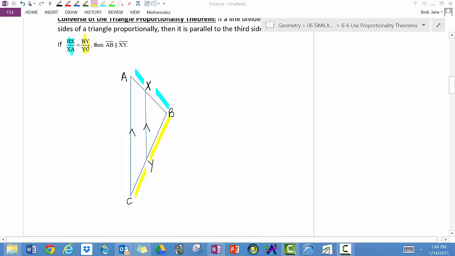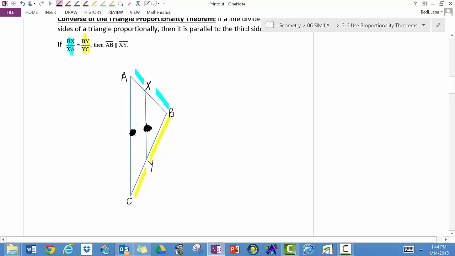And in fact, this sketch is incorrect here. So you're not given that the lines are parallel, you conclude that the lines are parallel.